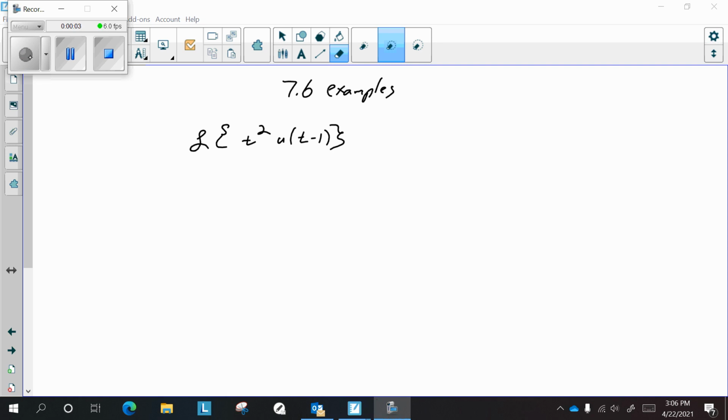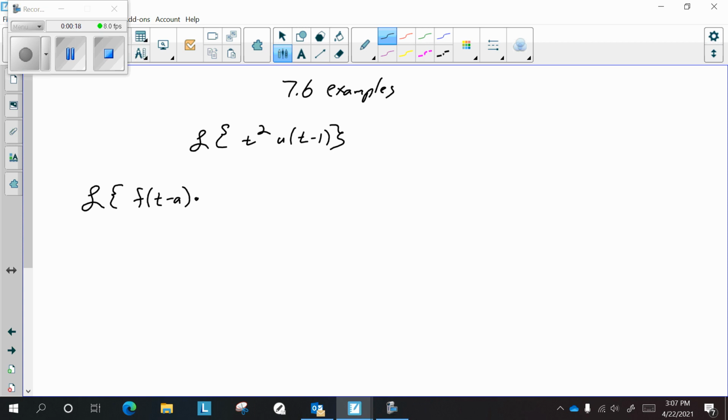So let's take a look at some examples of finding the Laplace transform on functions that involve the step function. As a reminder, if we want to take the Laplace transform of some function that has been translated a units to the right times the step function that has been translated the same amount, then the way we do that is we multiply e to the negative as times the Laplace transform of just the function f.